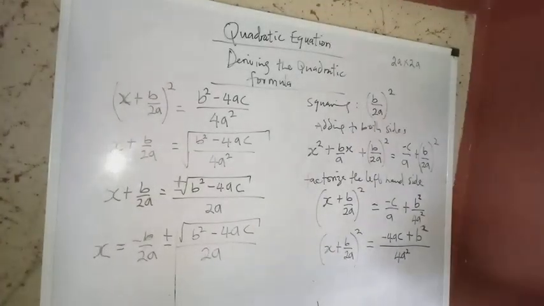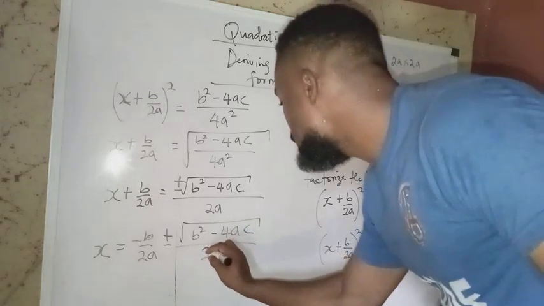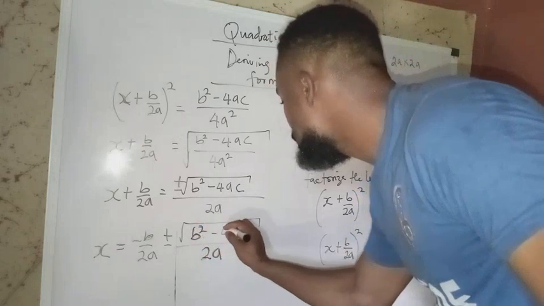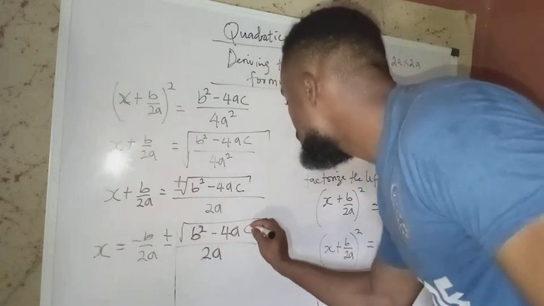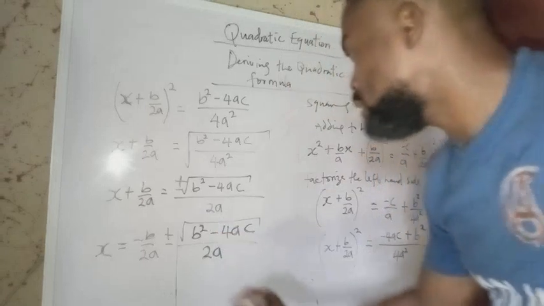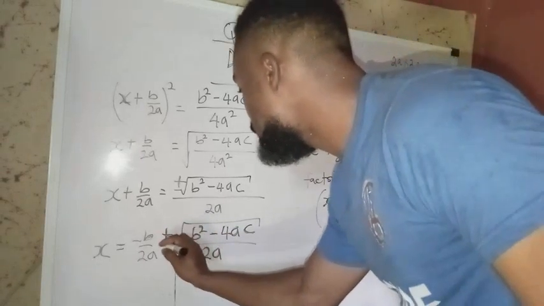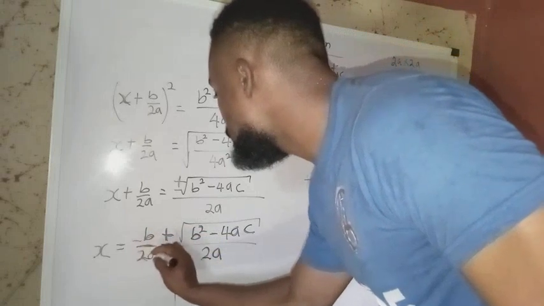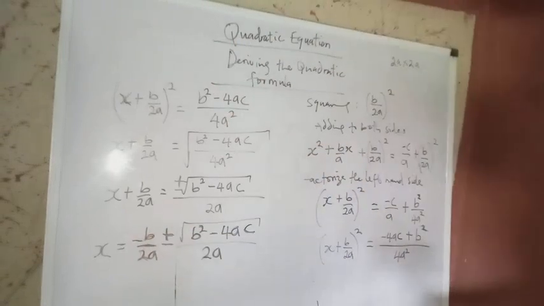Okay, right, so that's what we have. Let me make this better. 2a here, b squared minus 4ac. Sorry, I don't have a backup marker. Minus b over 2a. All right, good.